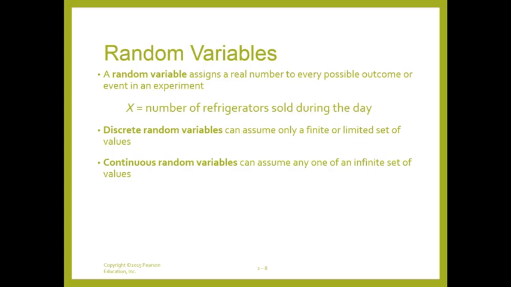Random variables versus other kinds of variables. A random variable assigns, as it says here, a real number to every possible outcome or event in an experiment, so anything could happen. So within whatever the parameters are that you're setting.